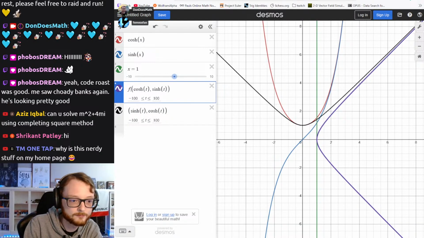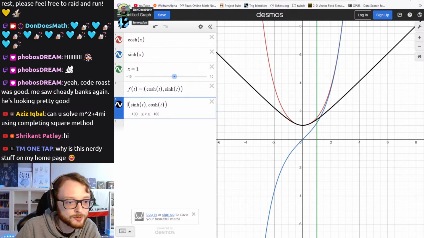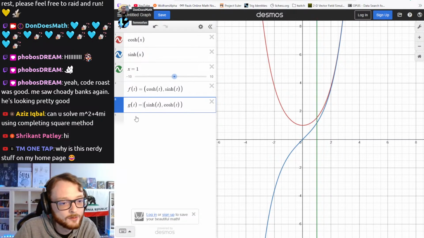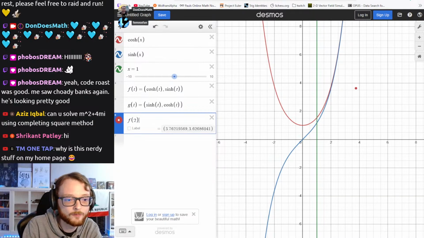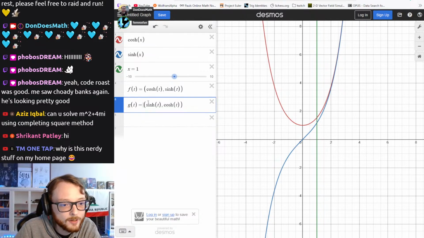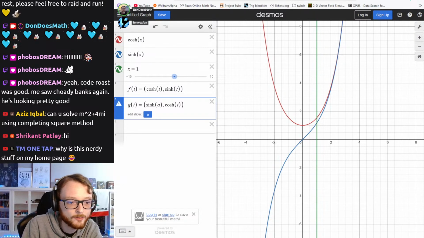Maybe I can make them functions. Oh, that does make a point for us. Oh, why does it get rid of them now? Maybe you can just make a slider for t. I need to make it some other letter, I think.